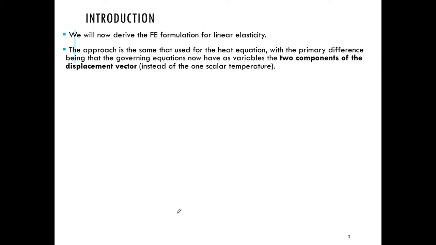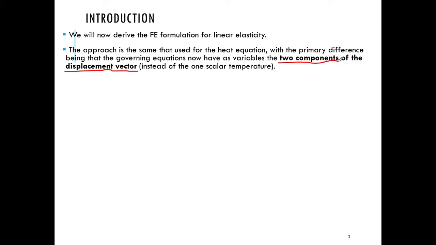In a 2D linear elasticity problem, our essential variable is displacement, and you all recall that displacement is a vector. In 2D, that means it has two components in the respective basis directions. That's the main difference from our scalar case, and that's what we need to take into account. The rest of the finite element formulation follows exactly the same procedure.